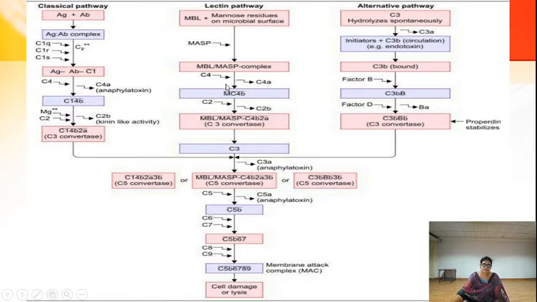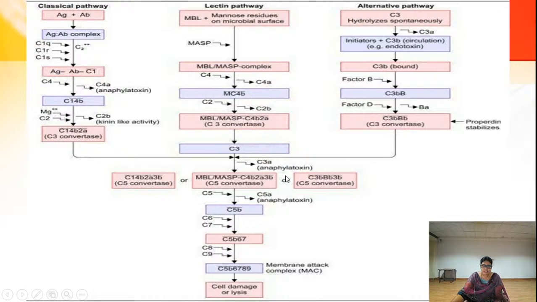So here, as the MBL MASP complex is the same, remaining 4a will be released, 4b will be attached, and 2b will be released, 2a, which is active, will be attached. So instead of C1 4b 2a, the lectin pathway has MBL MASP 4b 2a, which acts as a C3 convertase, right?